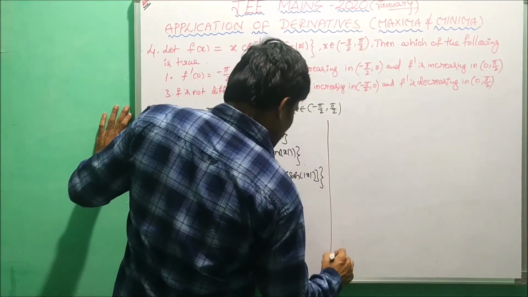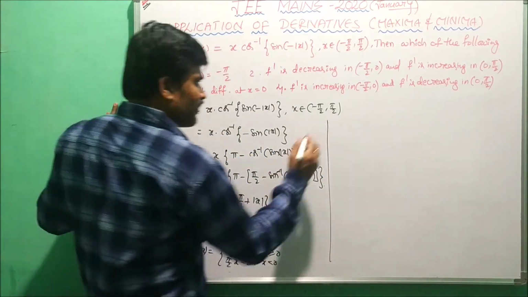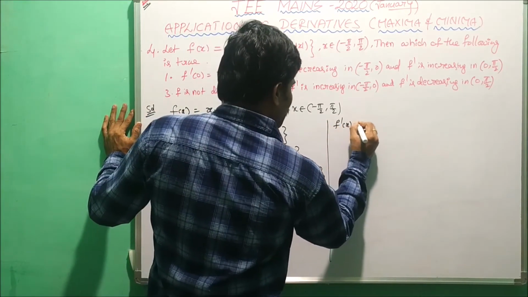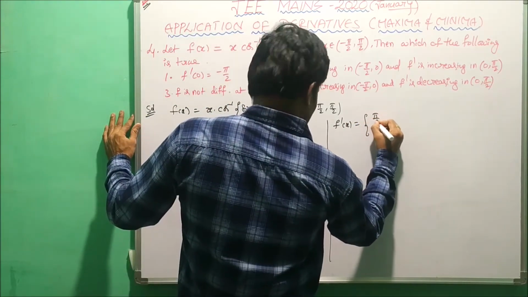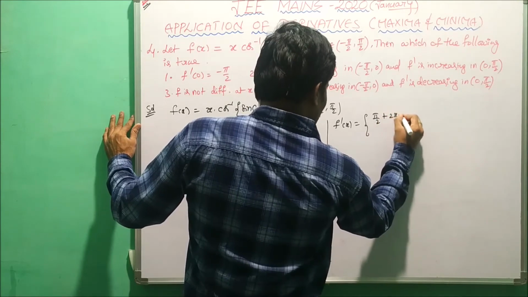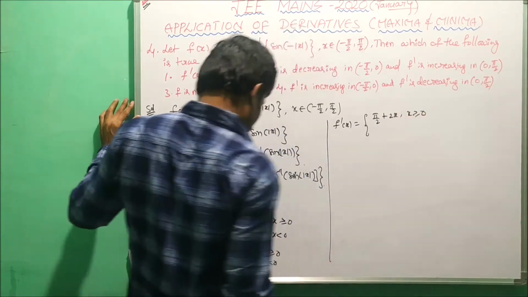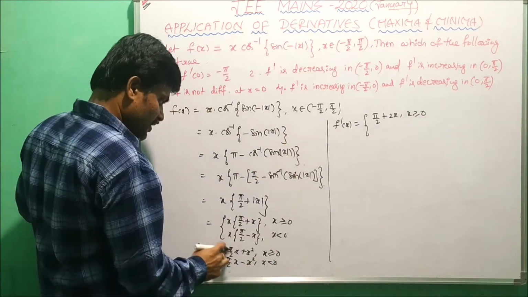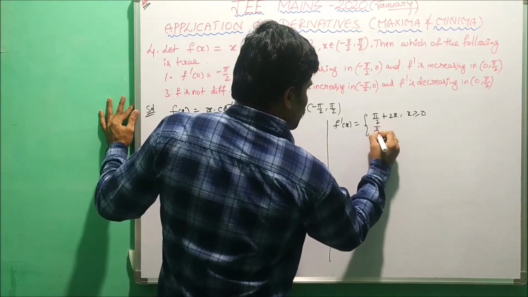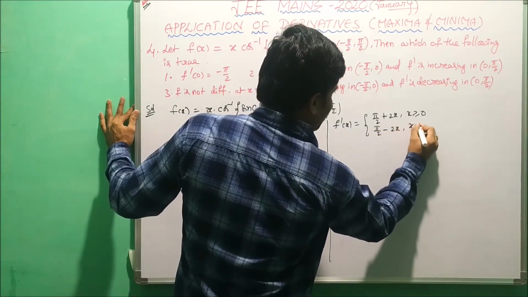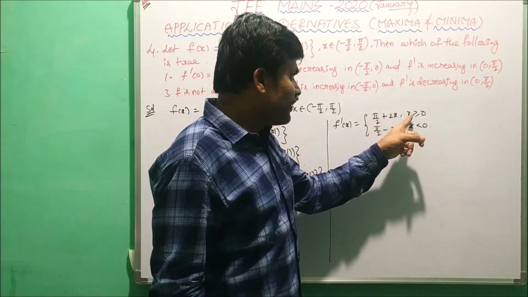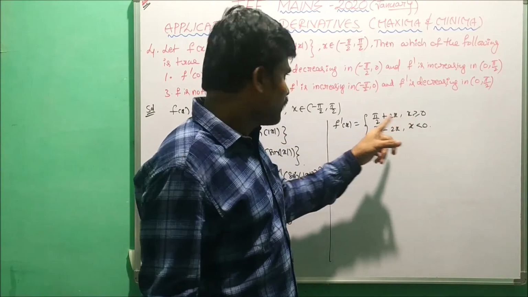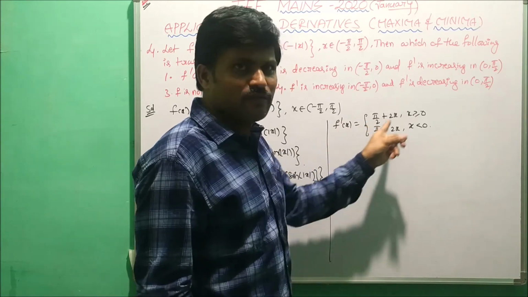Now here we differentiate with respect to x. That is f dash x equals, here pi by 2 x means pi by 2 plus 2x for x greater than or equal to 0, x square derivative 2x. In this, pi by 2 minus 2x for x less than 0. Now here we observe, we take x positive, then f dash x is always positive.